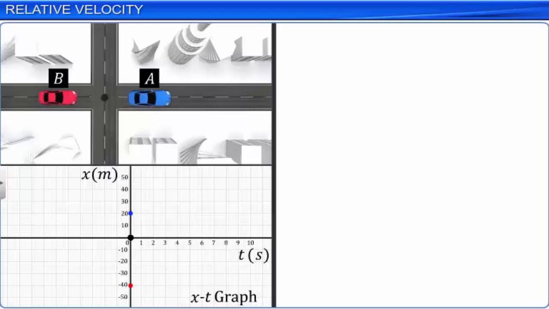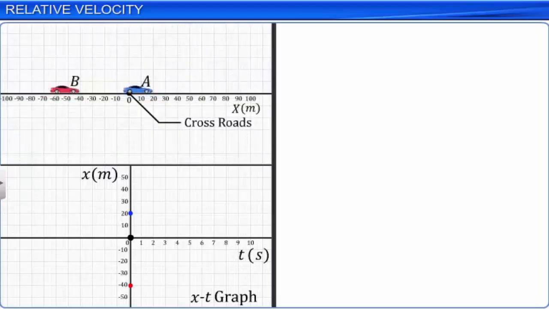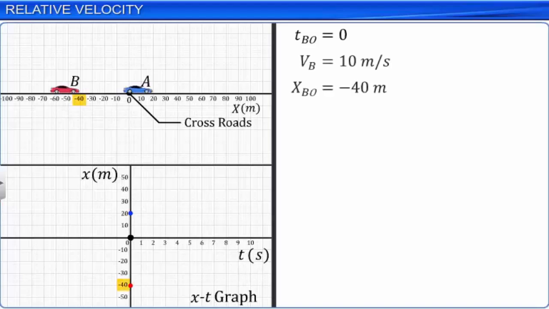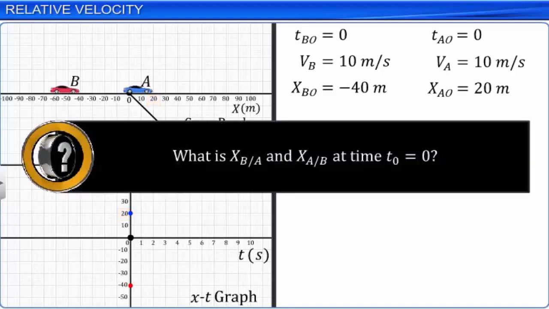At the time of initial observation, that is, when t0 is equal to 0, B is 40 meters behind the crossroads, and A is 20 meters in front of the crossroads. What is xB/A and xA/B at time t0 equal to 0?